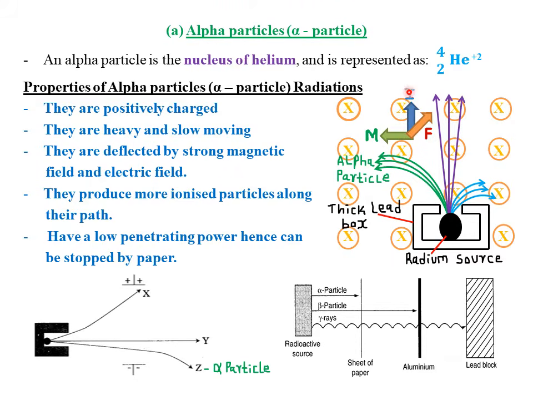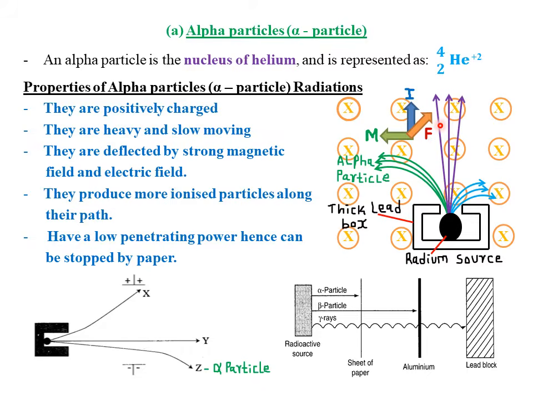And for this case, we are holding the second finger in the upward direction simply because the alpha particles are getting emanated from this particular radium source. And remember that because the alpha particles are positively charged, we know that current will always move from the positive terminal towards the negative terminal. So because the alpha particles are moving from this radium source upward, it simply means that the direction of current will also be upward.